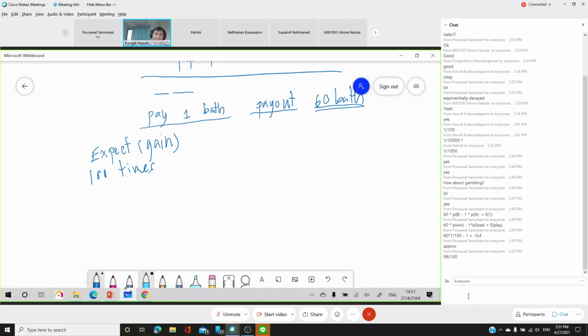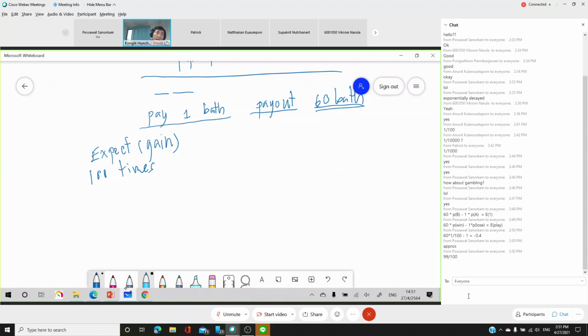Each game is 1 baht, and the probability of winning is 1 over 100. That means on average, for every 100 games, you're going to win about 1 game.